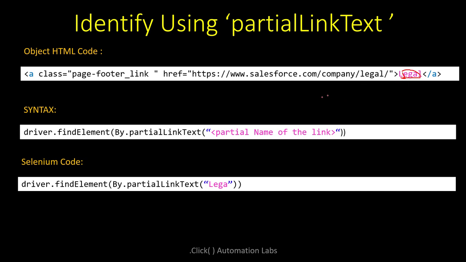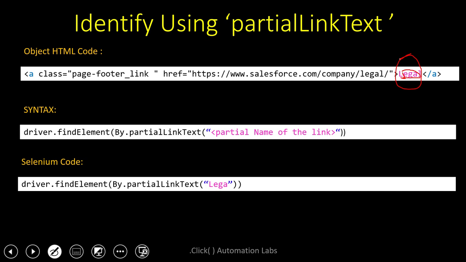These are especially useful when you have link properties which are not unique, like there are a few links like legal 1, legal 2, and the numbers are dynamic. In such cases you can only give the text part, so that the WebDriver will identify using that particular matching text.